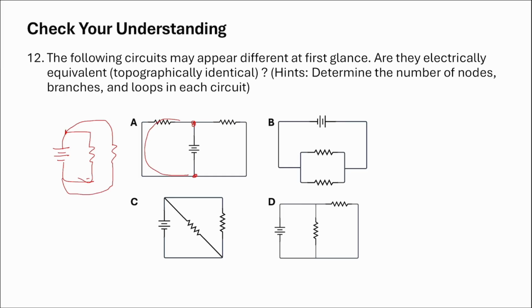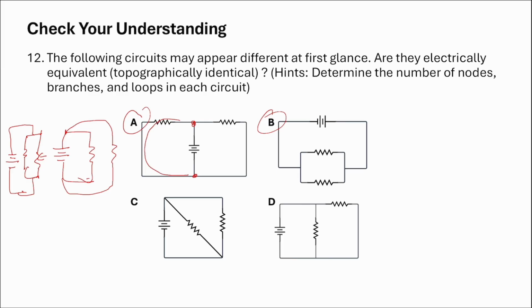Now if you look here, I can change it a little bit, and this one becomes this and this. So A and B are actually the same. And you can see C is exactly similar.